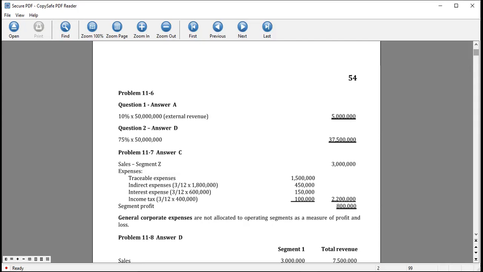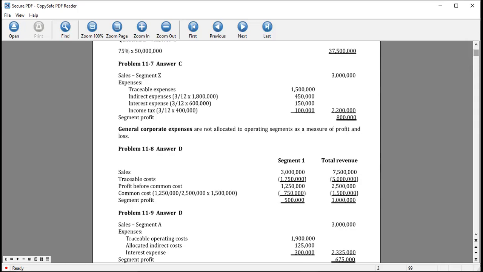The segment profit is 800,000. General corporate expenses are not allocated to operating segments as a measure of profit and loss. So the answer to 11-7 is C, or 800,000.